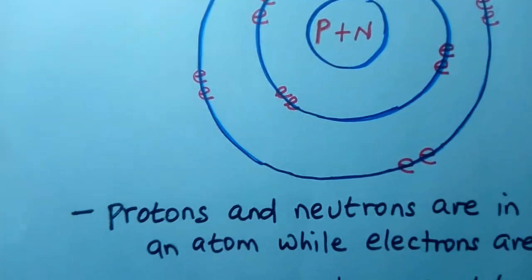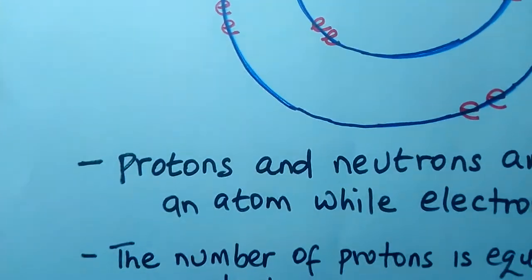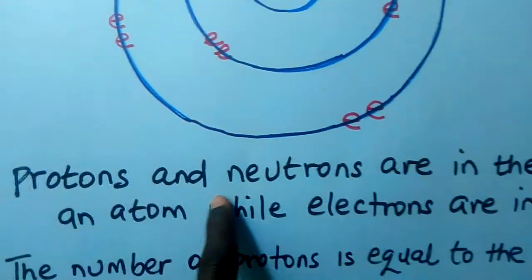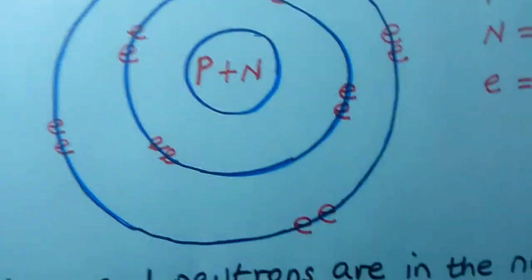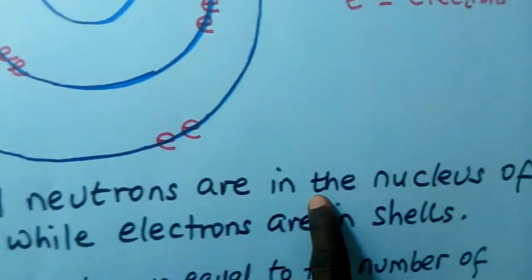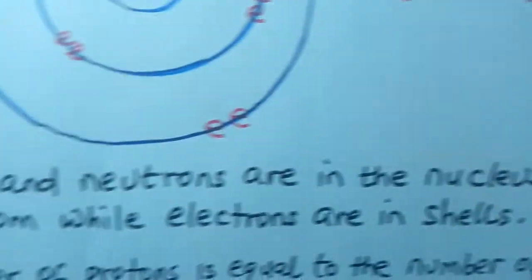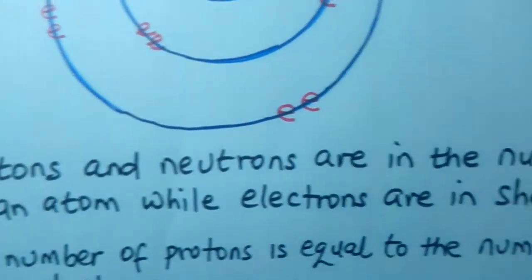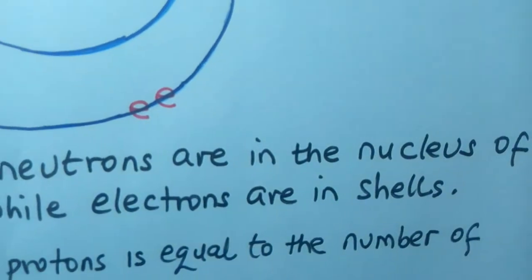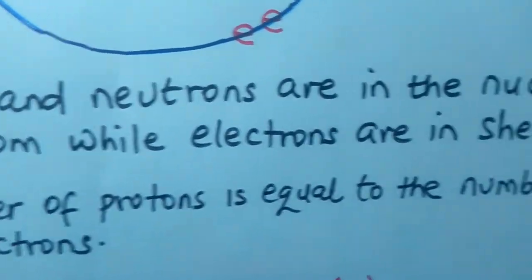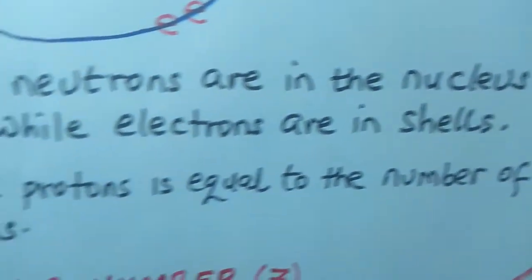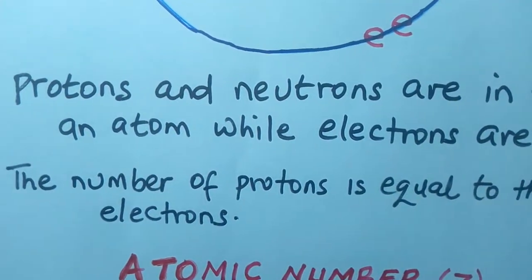Okay? Now, that takes us to the next statement, that protons and neutrons, as we have seen in the diagram, are found in the nucleus of an atom, while electrons are in shells. The number of protons is equal to the number of electrons.